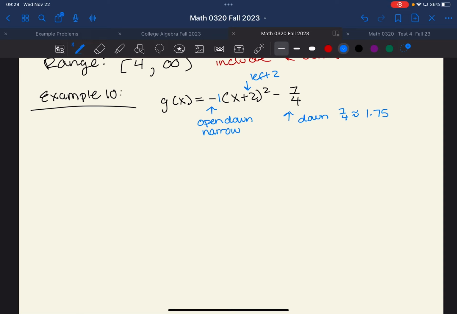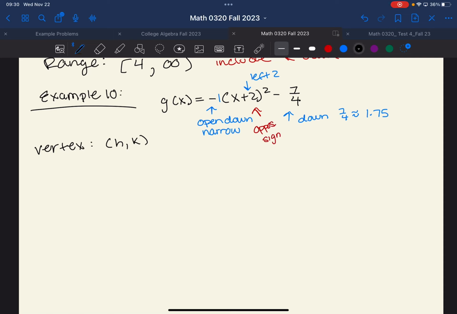Now we need to identify what our vertex is. And remember, our vertex is what? H, comma, K. In this case, what is our H? So remember, it's always the opposite sign.